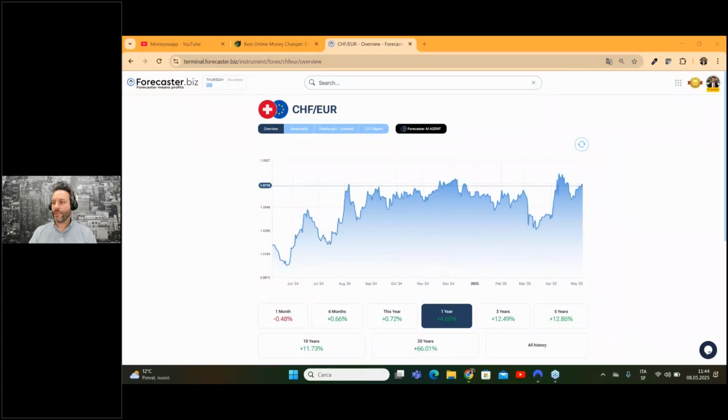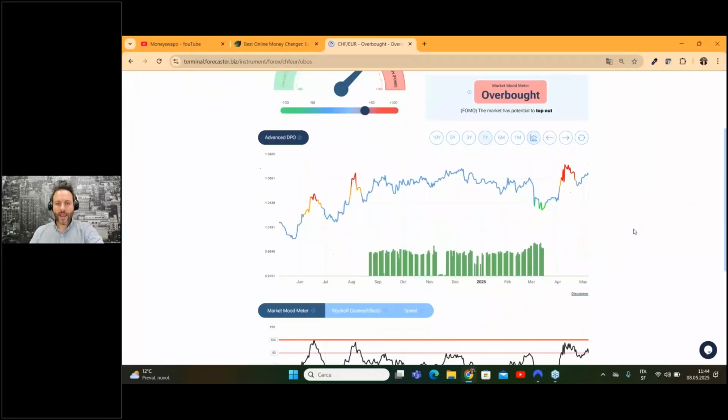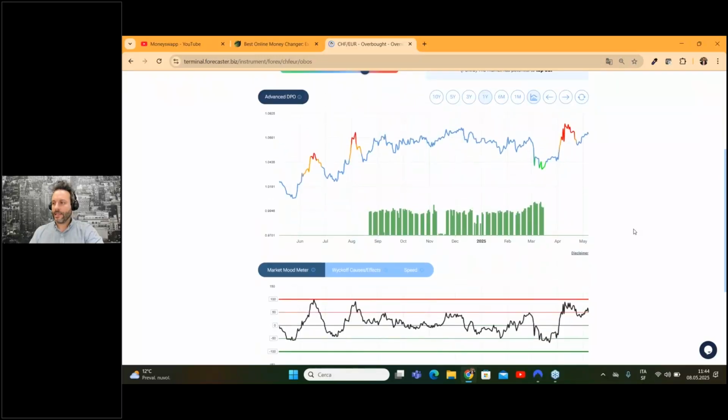To do that, we will use some indicators that we can find in our software, Forecaster Terminal. First of all, we have to look at this statistical indicator that, as you can see very intuitively, tells us if prices are in an overbought situation, meaning they are close to a high point, or in an oversold situation.